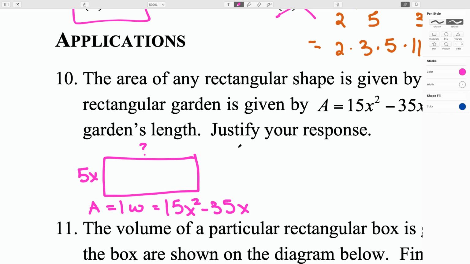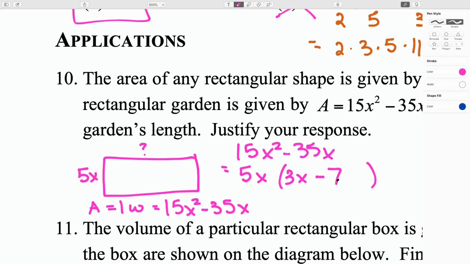So let's factor it. 15x squared minus 35x can be rewritten as 5x times something. 5x times 3x will give me 15x squared minus 7. So the length is 3x minus 7.